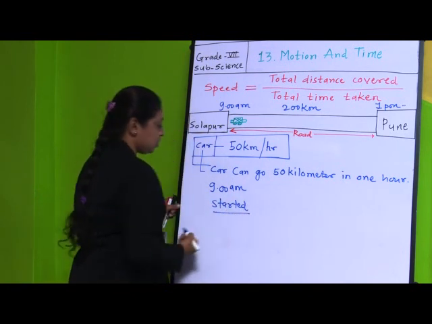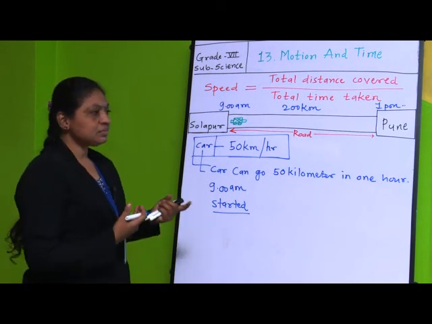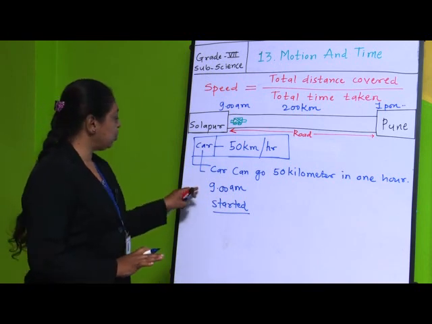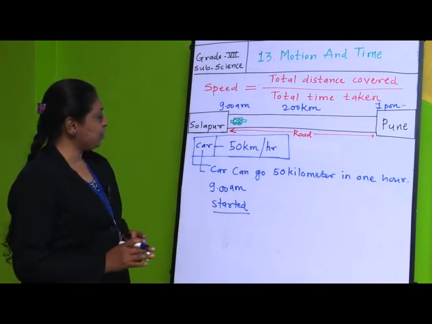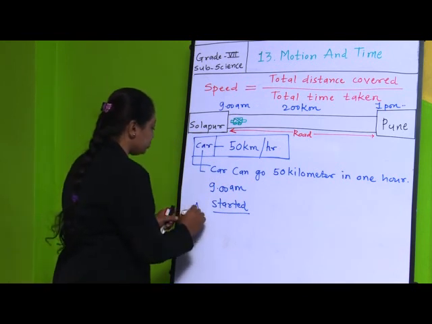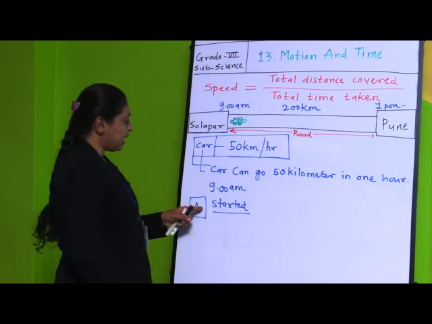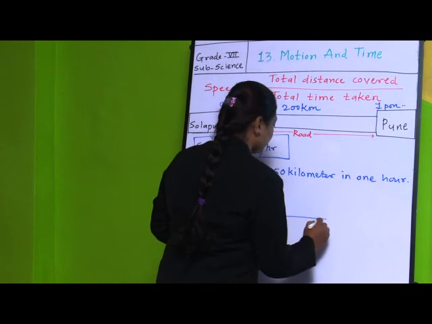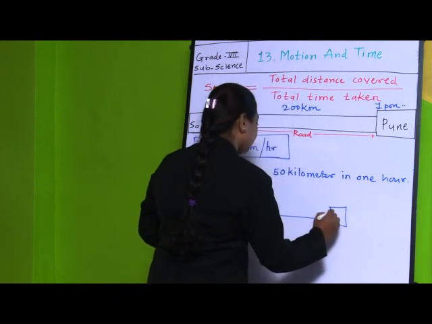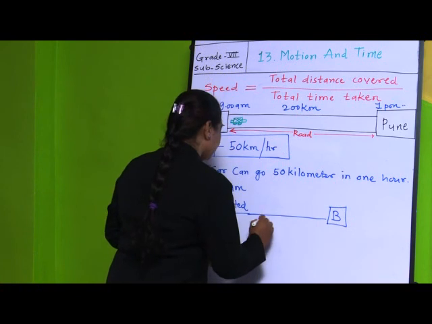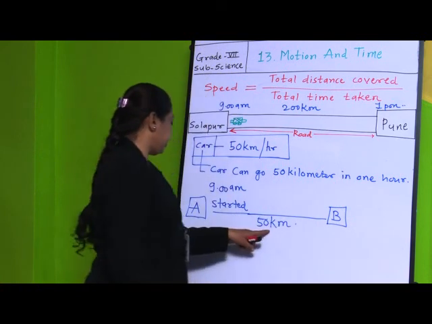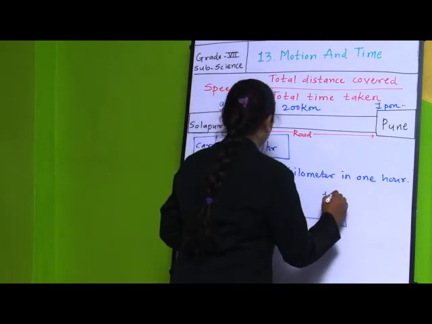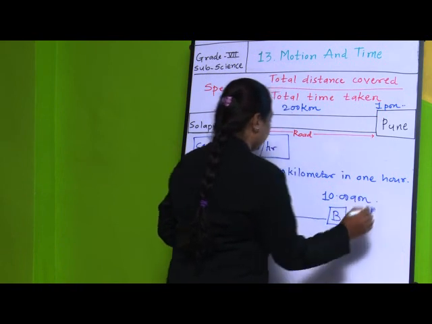Though it is going faster or slower, it is not needed here. So don't think about this. Though that car is going faster or slower, from A to B it has to cover 50 kilometers.